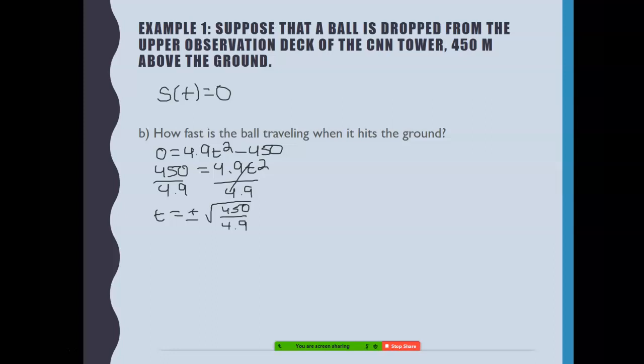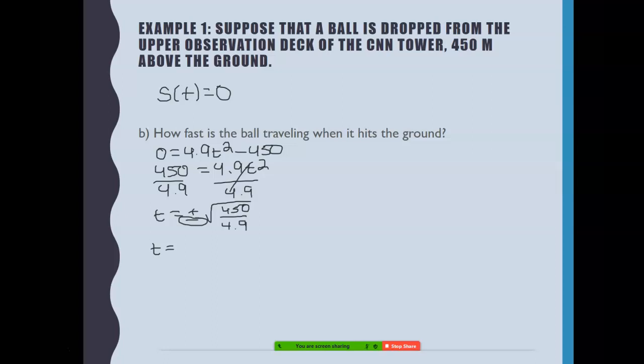In this case, the square root of 450 over 4.9 is not a number we can reasonably calculate, so this would become a calculator problem. We don't care about negative because time can't be negative.